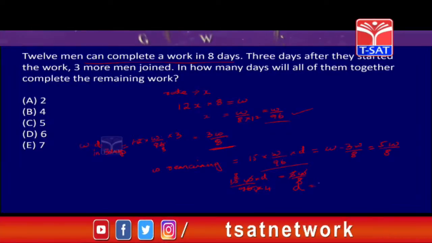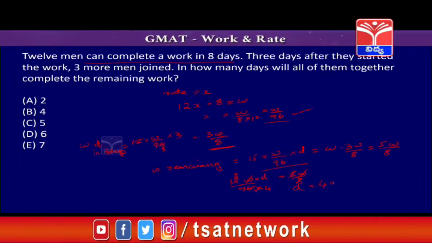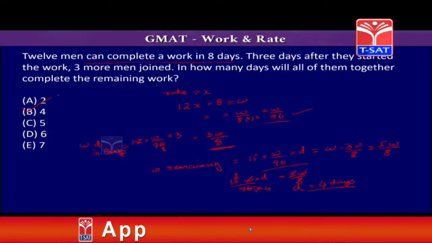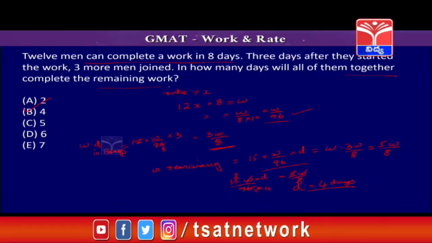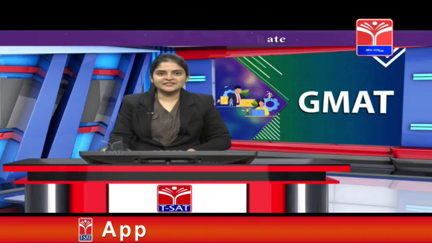D, the number of days, comes out to be 4 days, which is option B. Option B is our answer. 15 men, that is the initial 12 men plus the 3 men who joined, will complete the remaining work in 4 days. Let's see what the next question is.